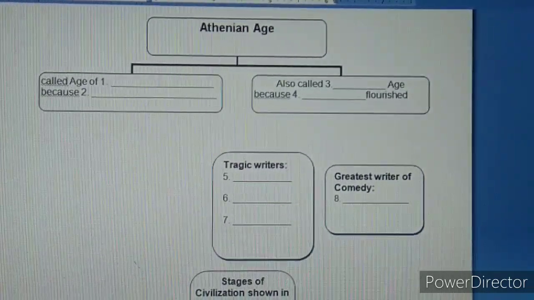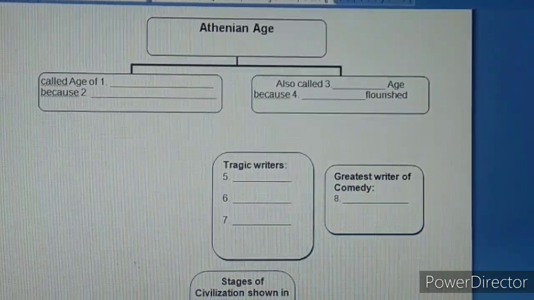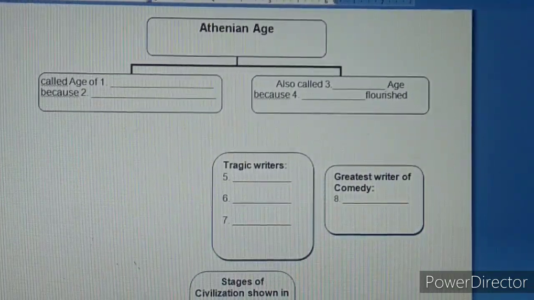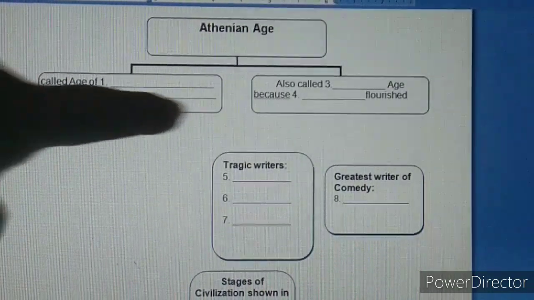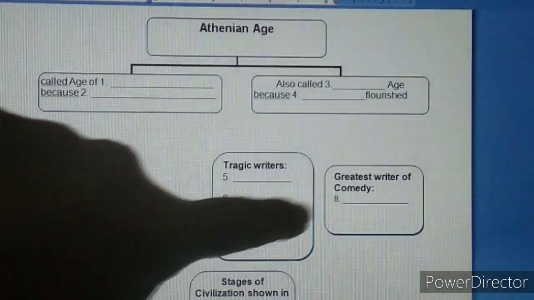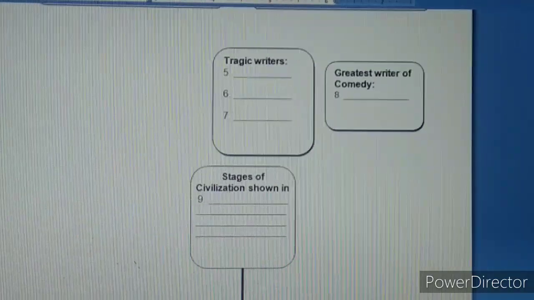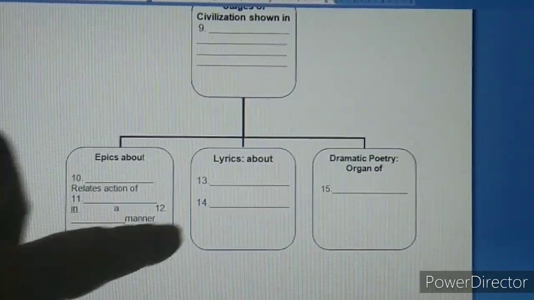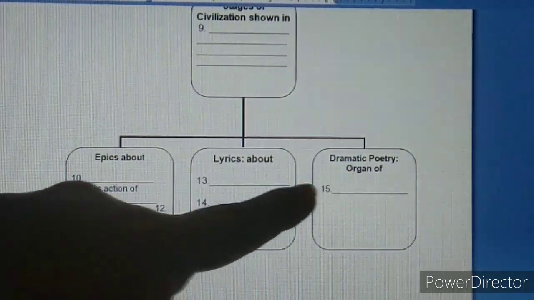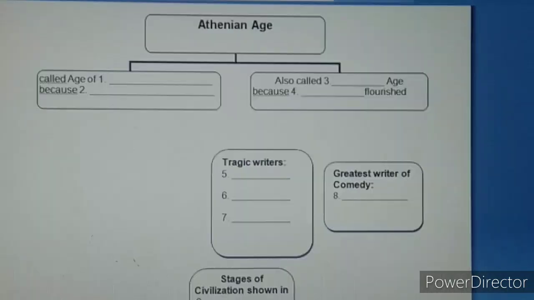You have there the title, Athenian Age. You are going to write your answers for number 1, 2, 3, 4, 5, 6, 7, 8, 9, and of course 10, 11, 12, 13, 14, and 15.